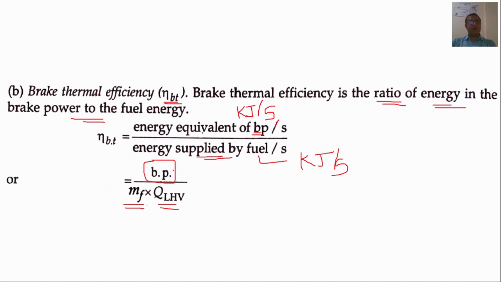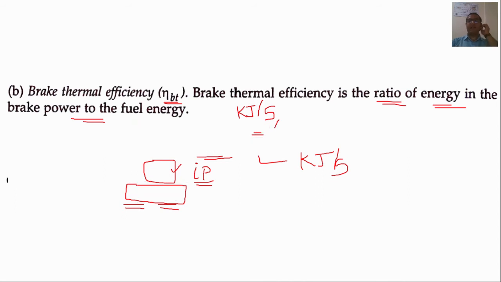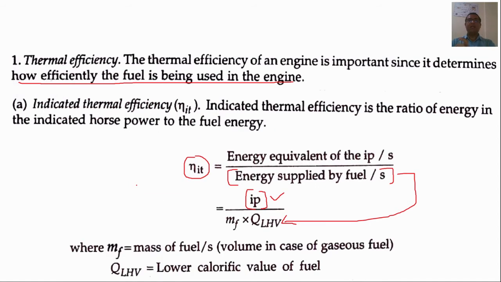If we consider output as a break power, then it is break thermal efficiency, and if we consider IP, then it is indicated thermal efficiency, and denominator always indicate energy supplied by fuel, because thermal efficiency indicate how efficiently a fuel is being used in engine.